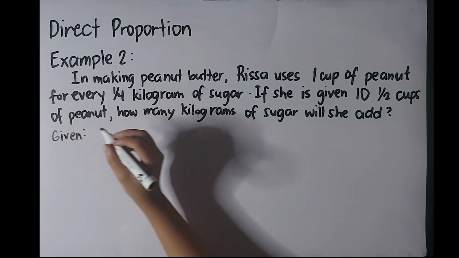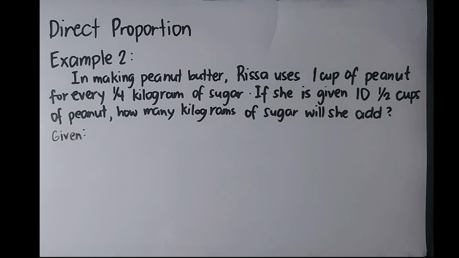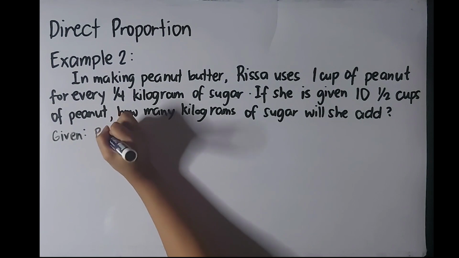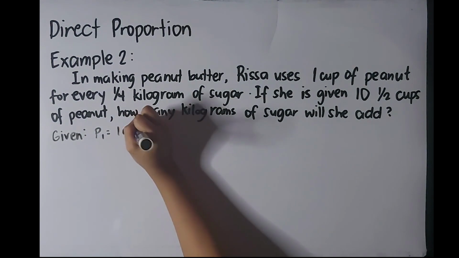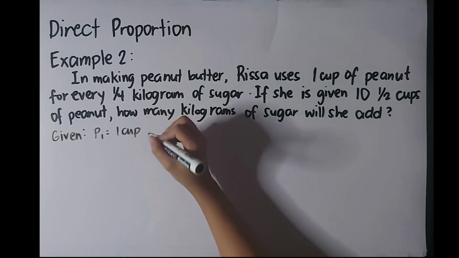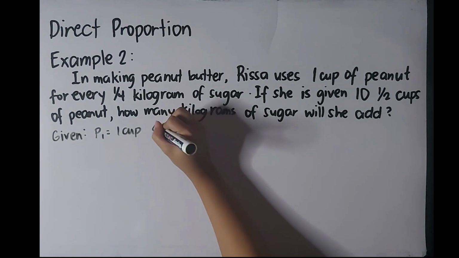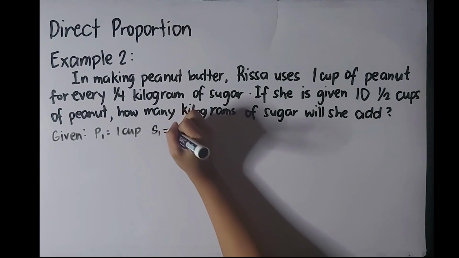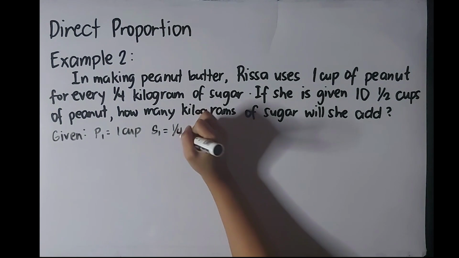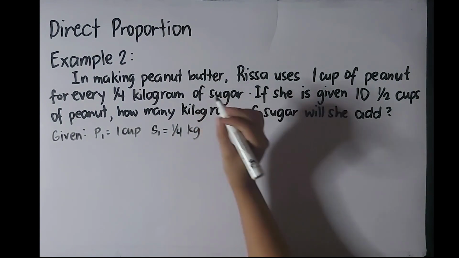Let's have the given. So we have here cups of peanut. Let's say it's P1, 1 cup. For that 1 cup, we have a corresponding amount of sugar, which is S1, equal to 1/4 kilogram.